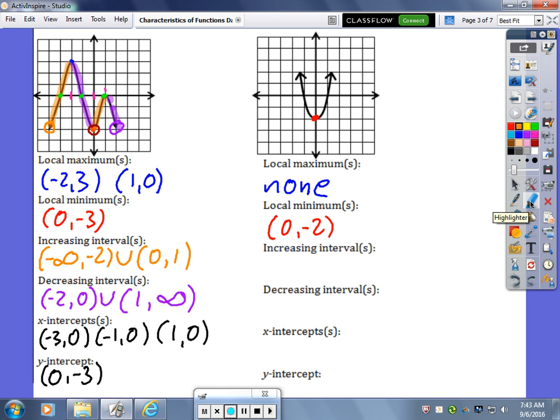Let's look for increasing intervals. A local minimum is also our point that we will put on the x-axis to help us find intervals. And from there we can see that there is an increasing interval, which is right here. The increasing interval goes from 0 to positive infinity.